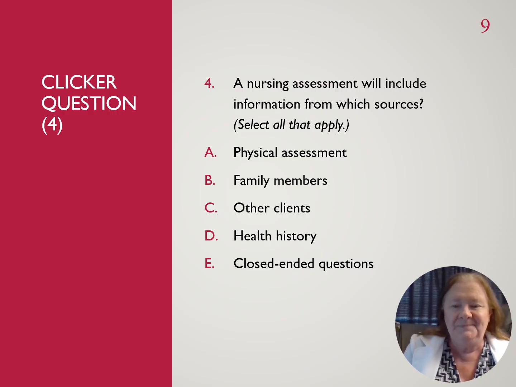We'll come back. We're trying to figure out what sources the nurse can get their assessment information from. The correct answers are A, physical assessment, B, family members, and D, health history.